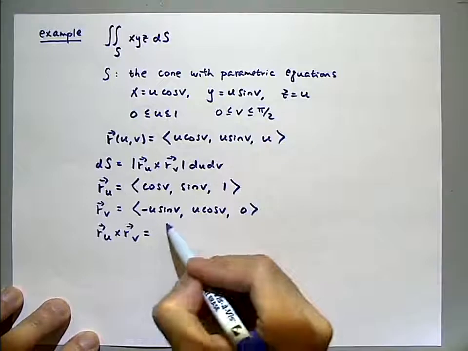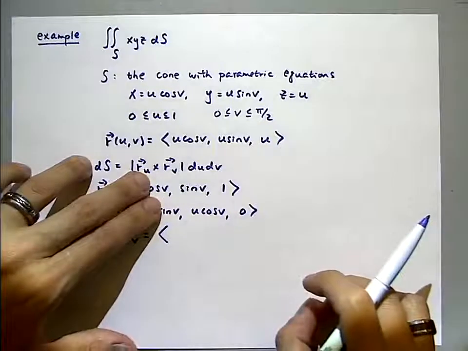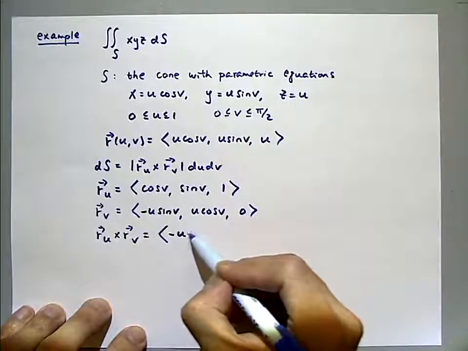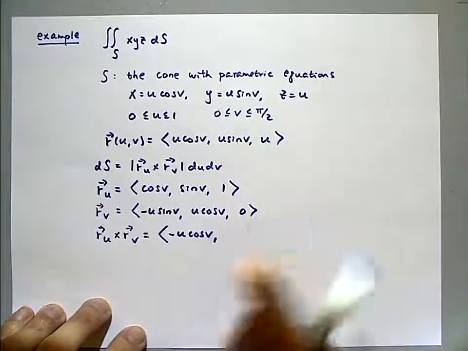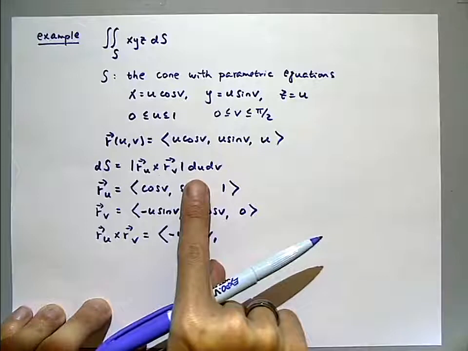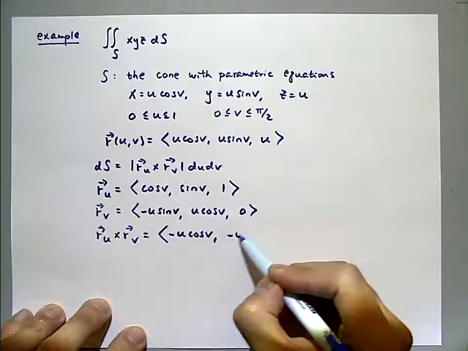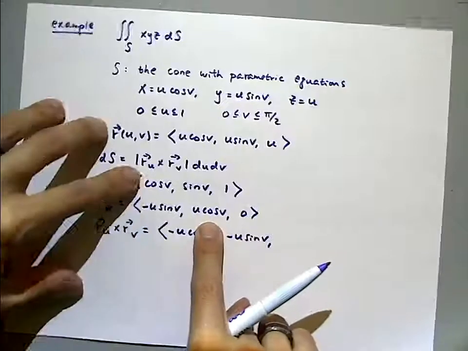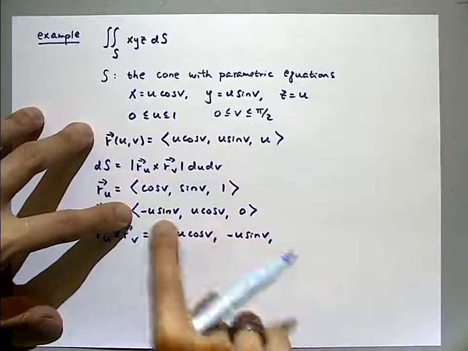Let's see, what do we get? We get negative u cosine v, negative u sine v, and then u cosine v squared plus u sine v squared.